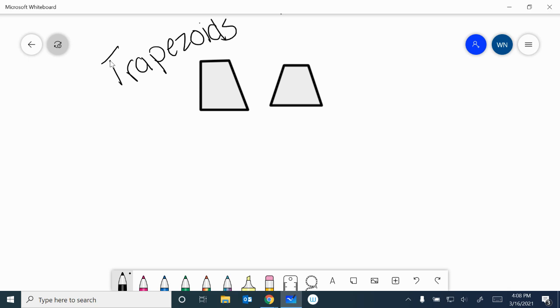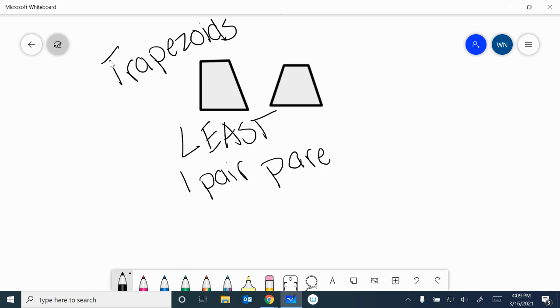Now, the rule with trapezoids is they have to have at least, that word at least is super important, one pair of parallel sides. We're going to have fun spelling parallel so many times today. One pair of parallel sides.